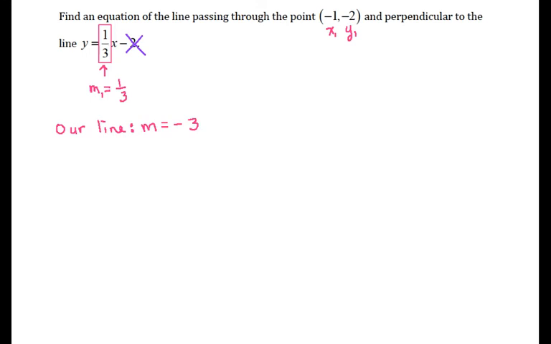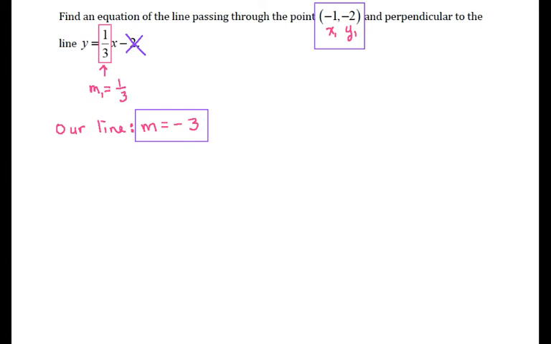We can end up feeling so attached to that information that we're inclined to try to use it. The y-intercept of the line that we are perpendicular to is not relevant to anything, only its slope. So we take the slope, we're going to take this point, and we're just going to start over making our own equation.